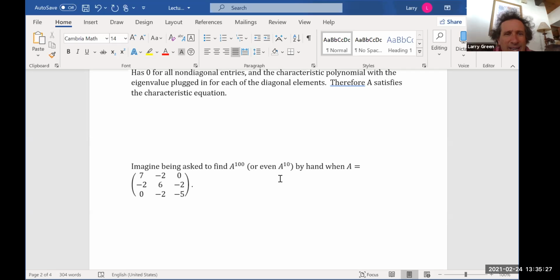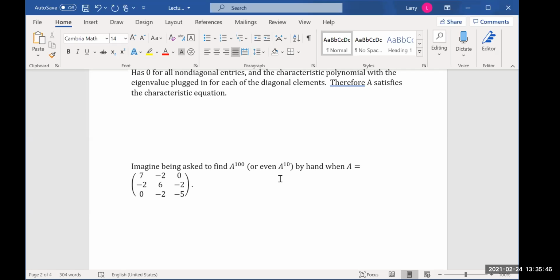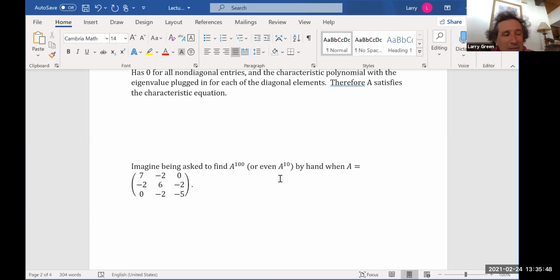And by the way, do you think it's important to be able to take A to a big power? Think that ever happens in the real world? Not in day-to-day life, that never happens. But in the engineering world or physics world? Absolutely. And we're going to have some examples today, and more examples later.